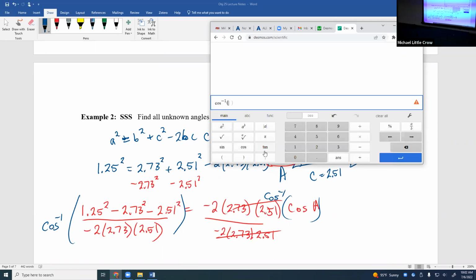Let's go back to main. Since we have a fraction, I'm going to do the A over B. It just helps me to put everything in a little nicer.